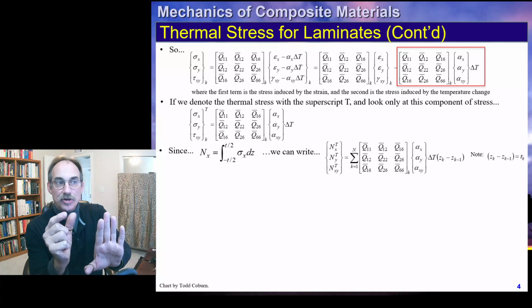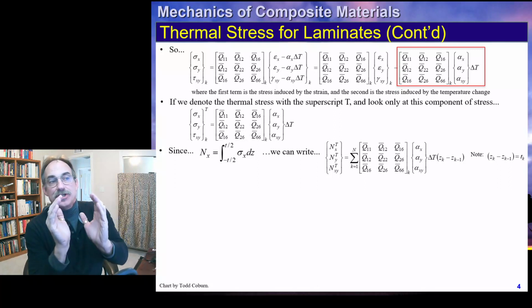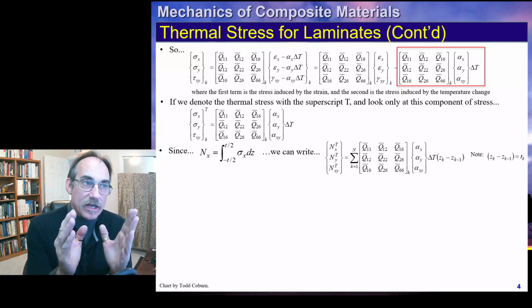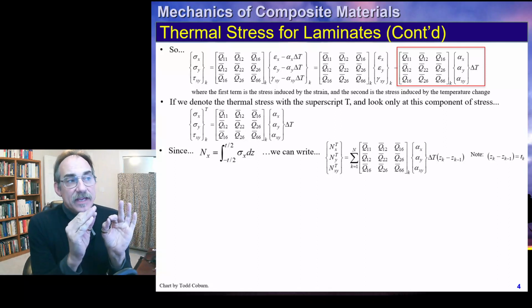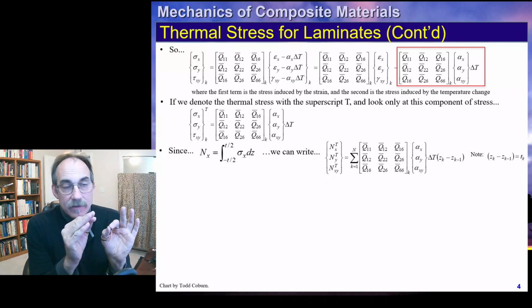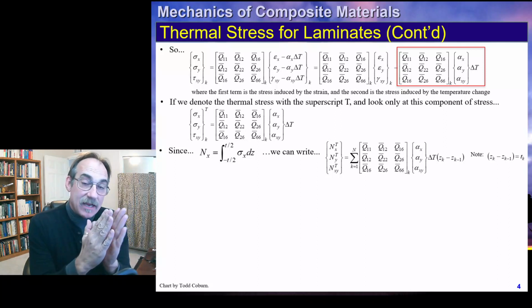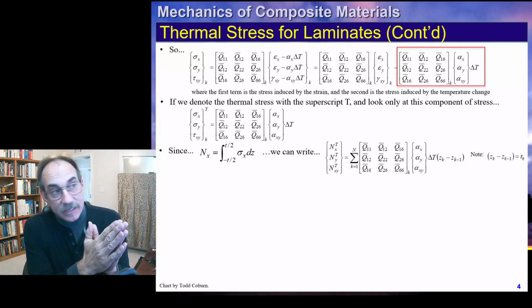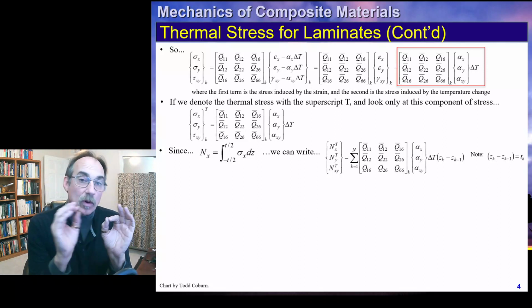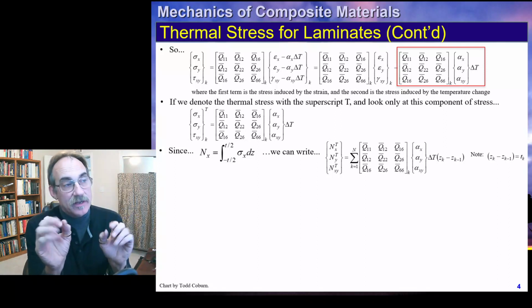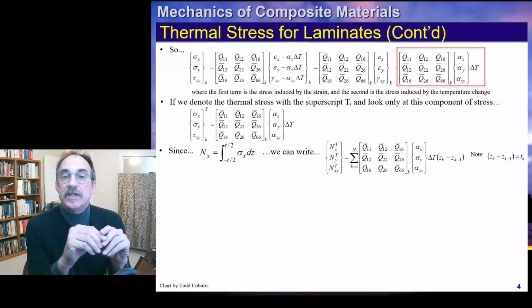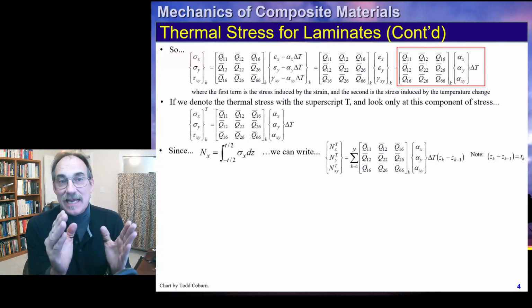So if we had a certain strain, that strain would be caused by these running loads in that ply. These N sub T, N xt, N yt, and N xyt, these are all what we're going to call fictitious thermal loads, running loads, because these are the running loads that would cause the same exact strains.